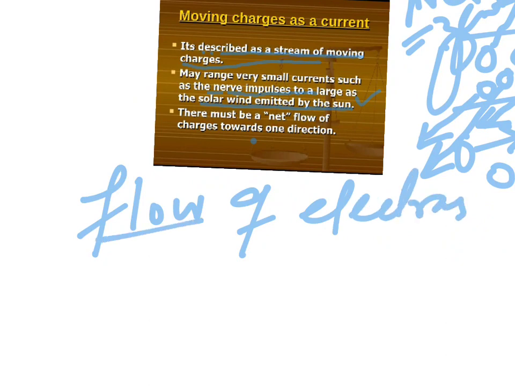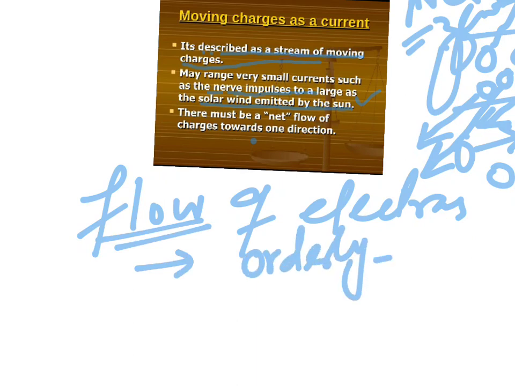Electrons must be flowing, they must be in motion, but that motion must be orderly, they must be flowing in a particular direction. Random motion of electrons cannot generate electric current. So if a net flow of electric current has to be produced, the electrons must move in one direction. Only then can electric current be produced.